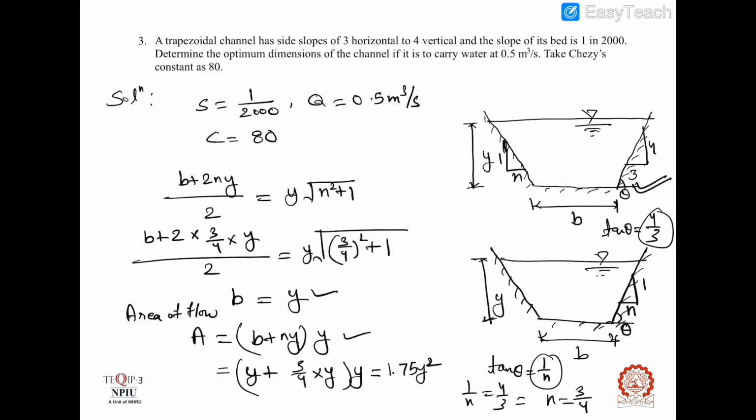Now let's find what we have to find in this question. We have to find the dimensions, and the discharge is also given. So apply the Chezy equation, Q is equal to A C root over R S, to find the dimension of this channel.